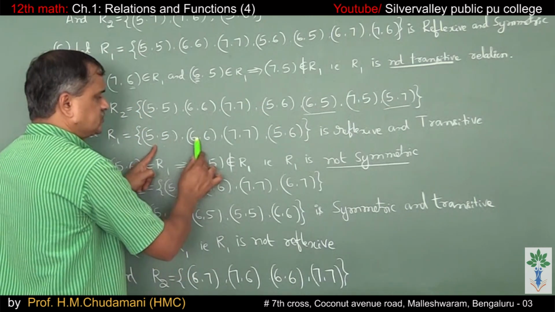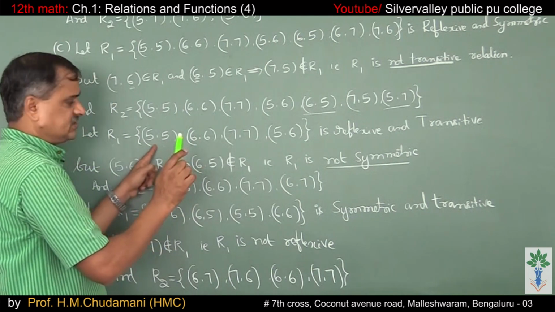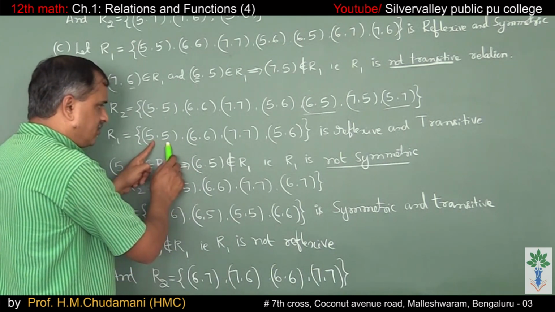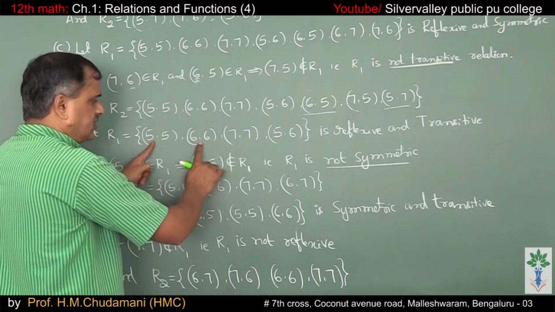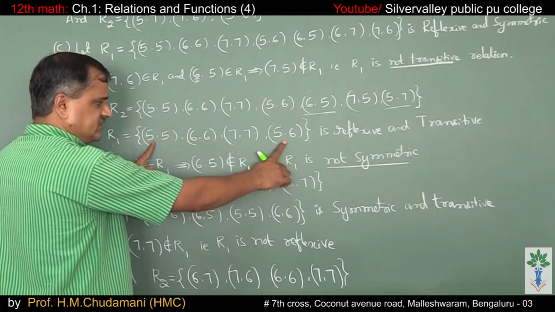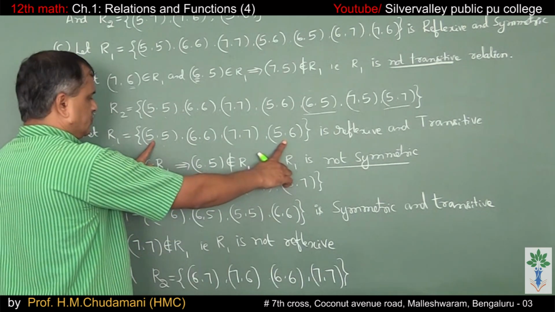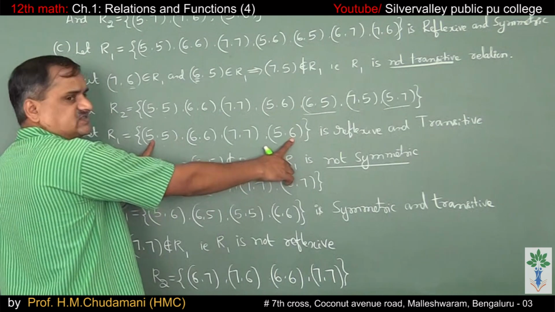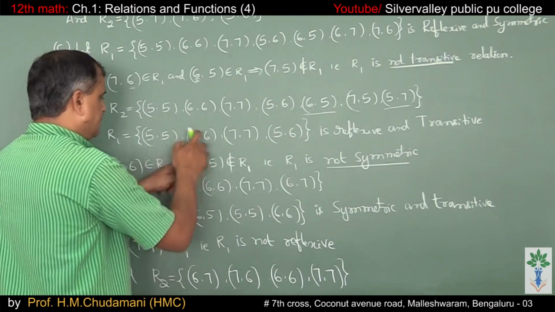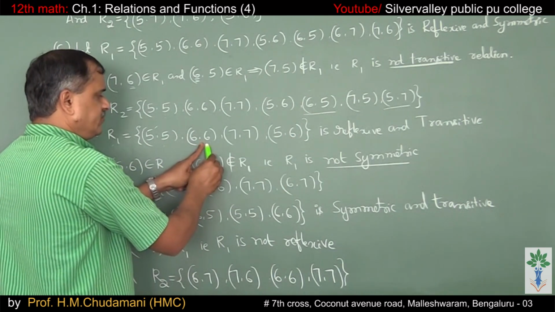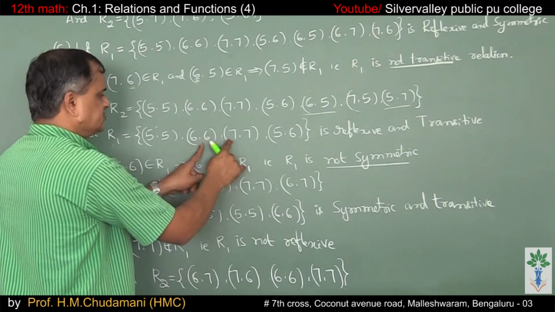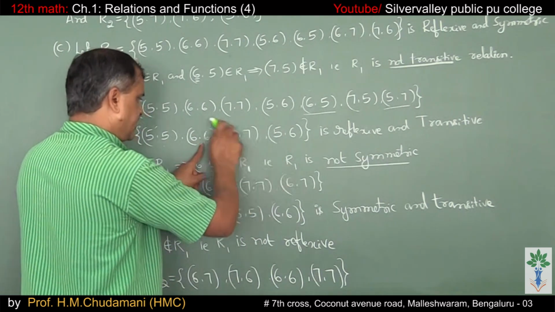Reflexive means 5 5, 6 6, 7 7, all the elements are there. Along with 5 comma 5 you can't take this, you can't take this. If I select 5 comma 6, then 5 comma 6 is there. Okay, then this is over. Along with 6 comma 6 you can't take this, you can't take this, even you can't take this.